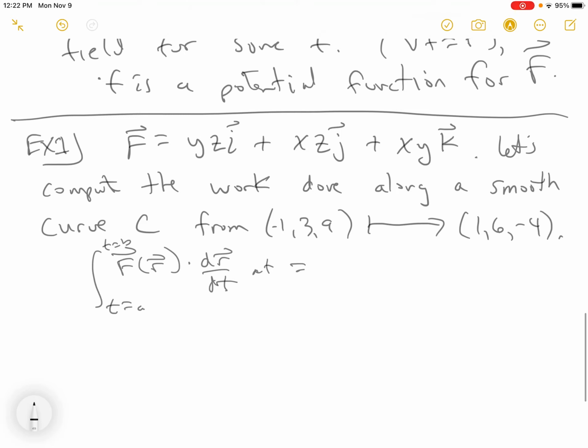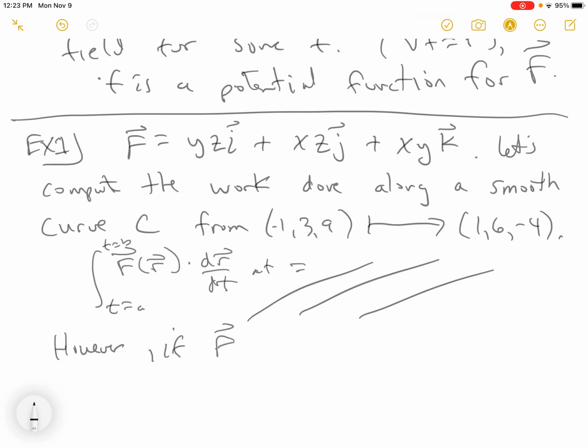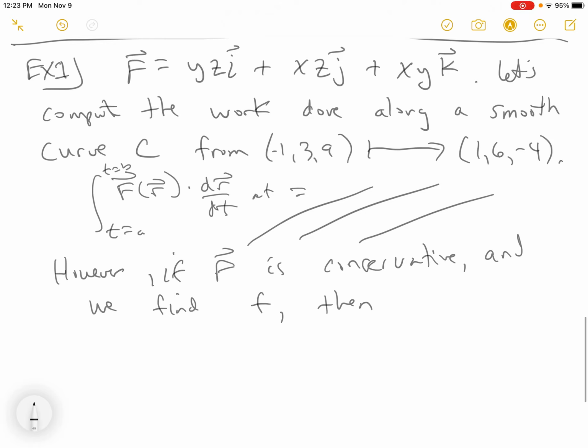However, if F is conservative, and we find its potential function little f, then all we have to do is, by the FTLI, the integral is equal to f of 1, 6, -4 minus f of -1, 3, 9.